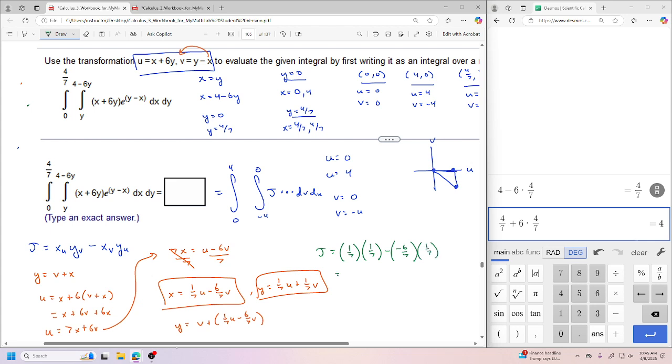This is good math. Everybody likes this math. That's a 6, not a 7. This is how Jacobians should work. 7/49, we get 1/7. That's a scalar. Sometimes it ends up not being a scalar, but this is a very pretty one. We're going to use it with our integral here.